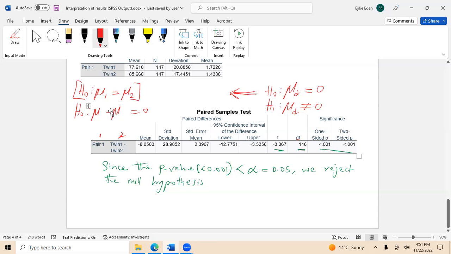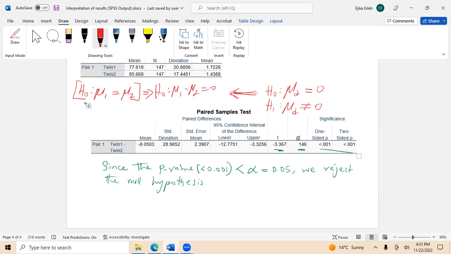Let me put this somewhere that it will come out more clearly, since it came inside this shape and is affecting the write-up. What we are saying is that if H naught is that group 1 and group 2 are equal for a paired sample, another way of writing that is H naught: mu1 minus mu2 is equal to 0.